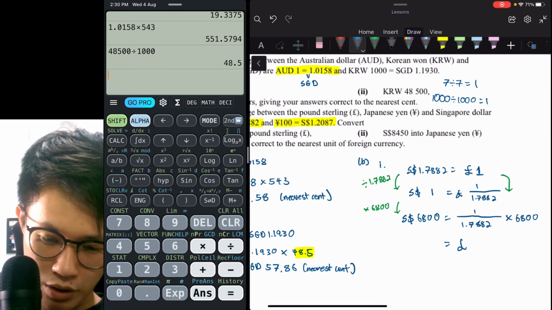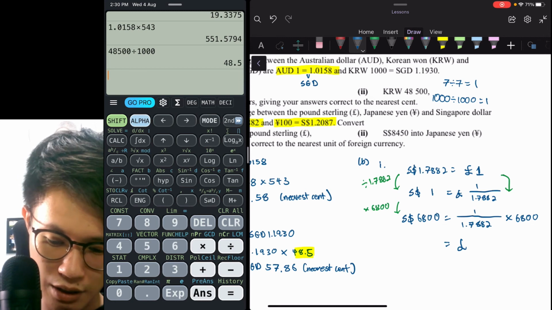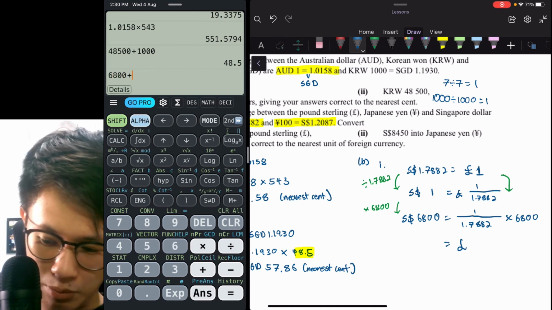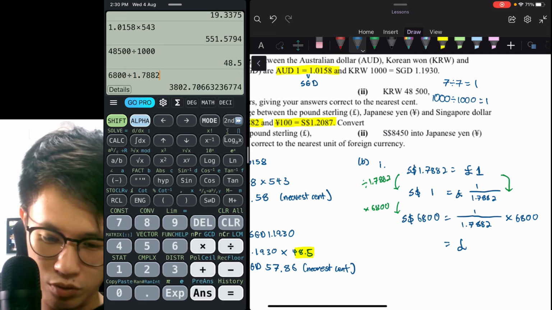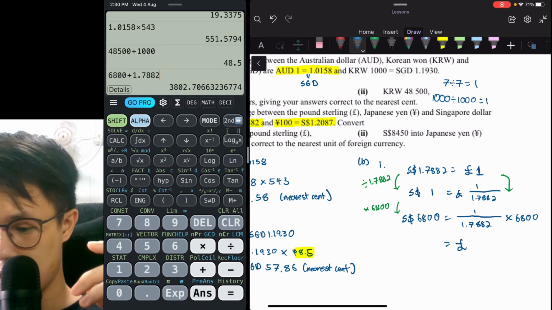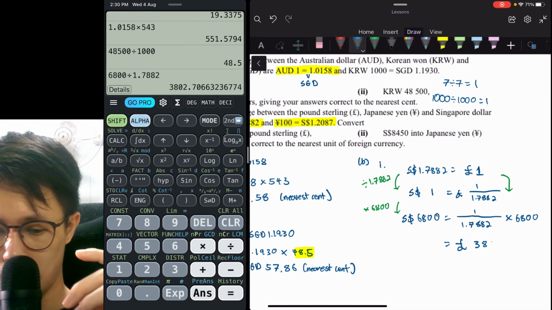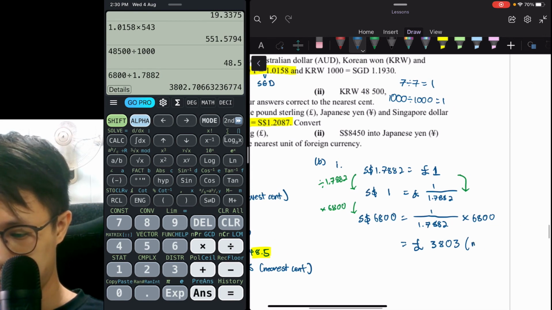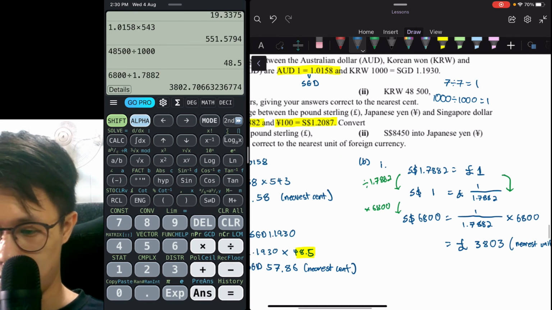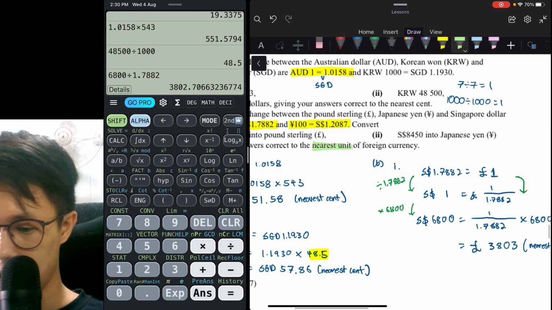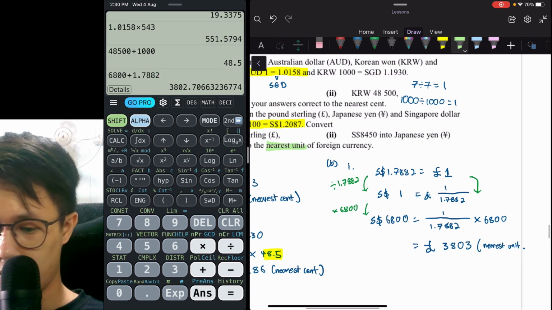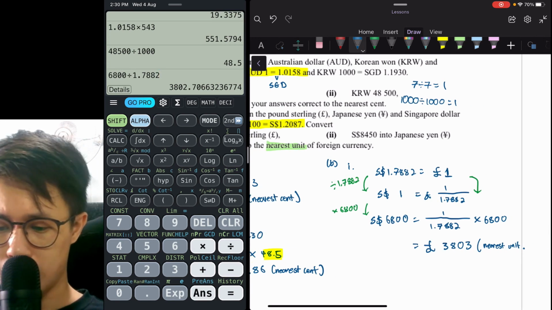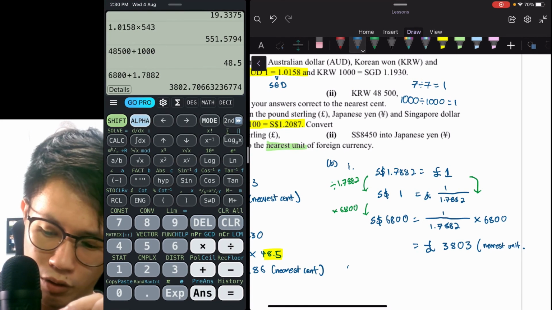So this itself is 6800 divided by 1.7882. And you have pounds is 3,803 pounds, nearest unit, because that's what the question states. Quite straightforward, the only part you need to take note of is the conversion part.